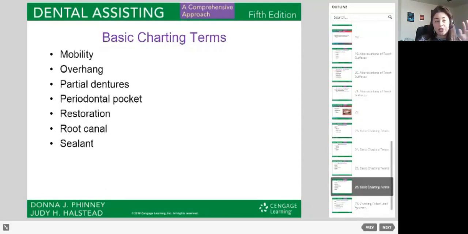Mobility: every tooth has natural mobility. When the tooth moves in the socket, that's called mobility. So if you were to push on your tooth right now, it's going to move just a little bit. If it moves a lot, then that's something we need to notate in the chart.